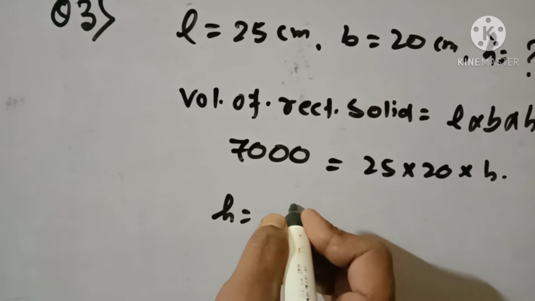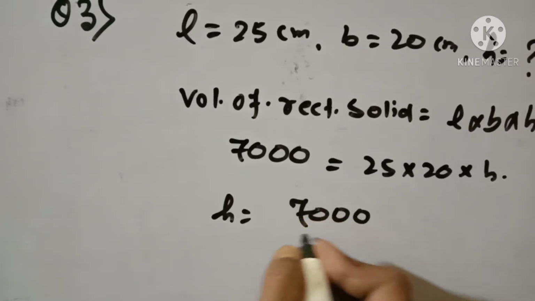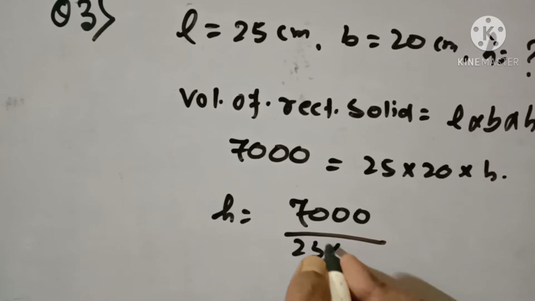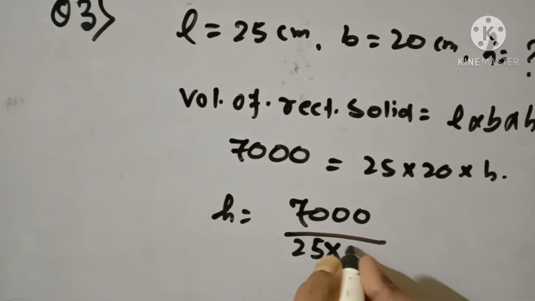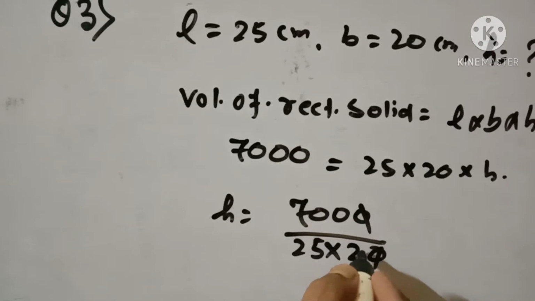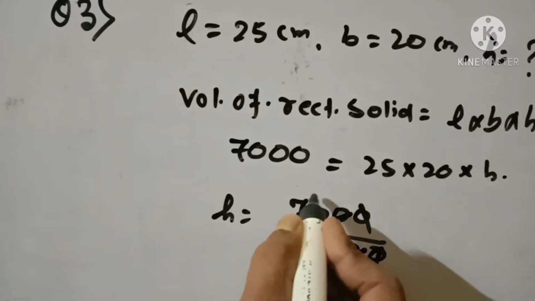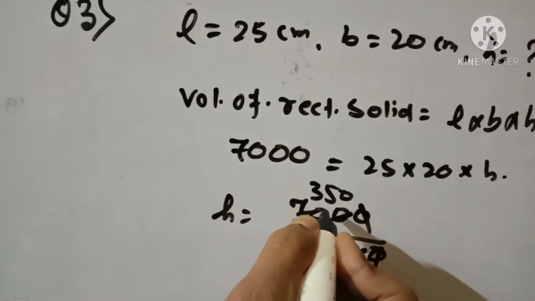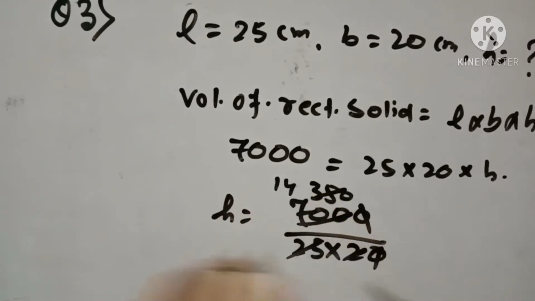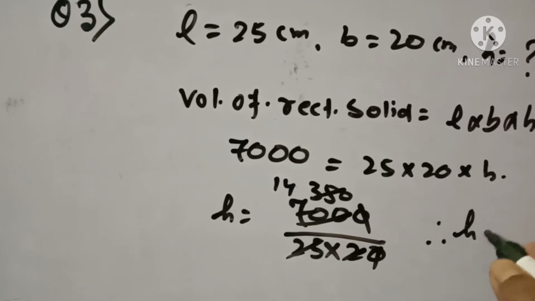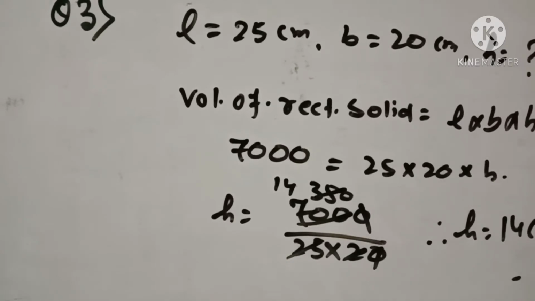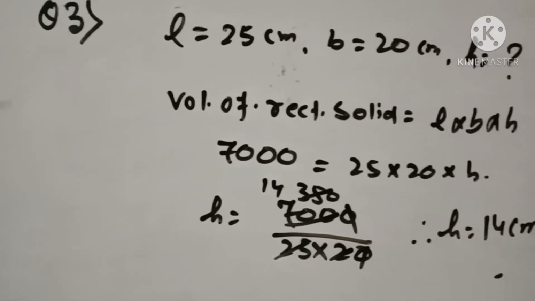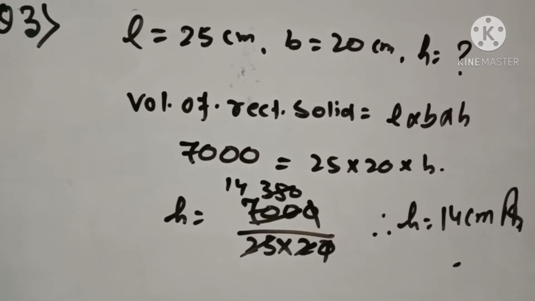Therefore height equals volume divided by length into breadth. This 0 is gone. This is 350, and this will go by 14 table. So therefore height equals 14 centimeter. Write down please. This is our required answer.